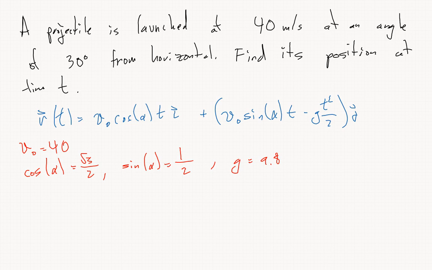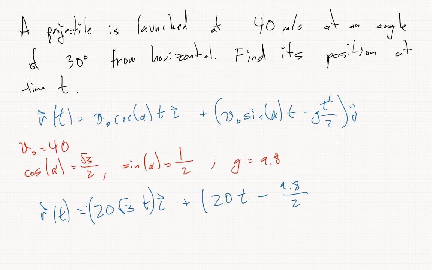So r of t will be given by 20 root 3 times t in the i direction, plus (20 t minus 9.8 over 2 t squared) j.